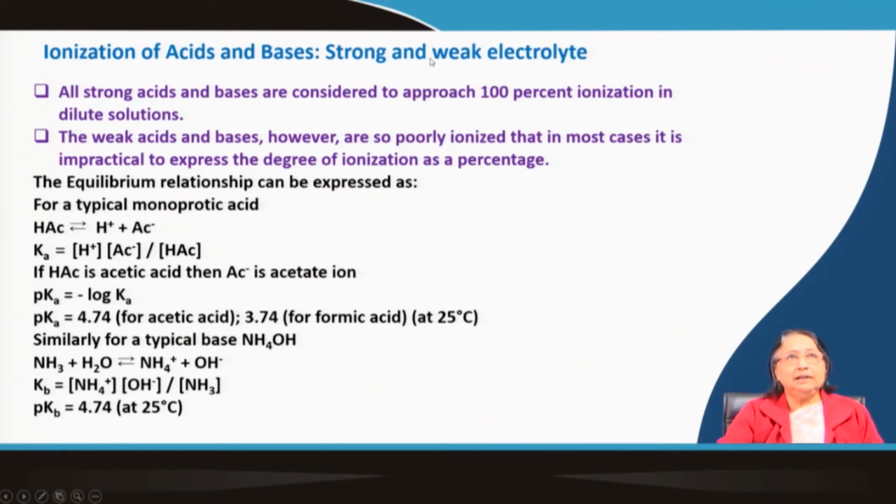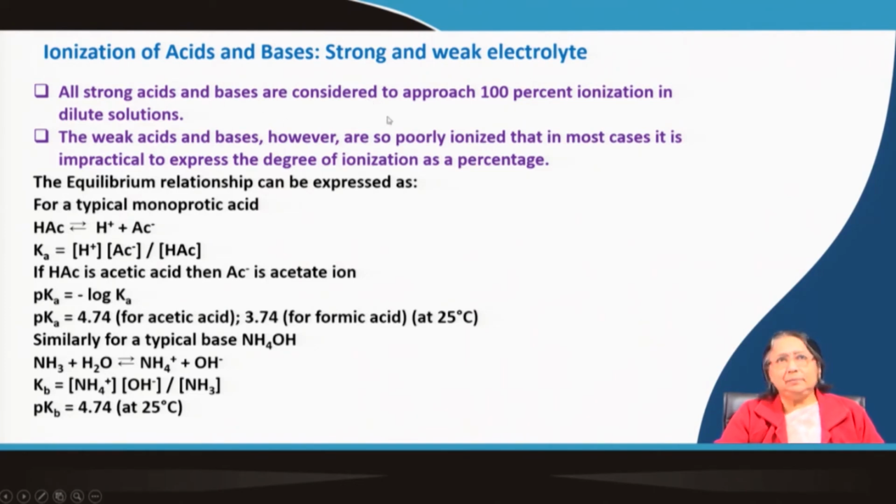This is not only true for acids, but for bases also. There are some strong acids and some weak acids. Those which are strong are called strong electrolytes, and those which are weak are called weak electrolytes. Depending on the degree of dissociation, the acidity will come differently in the solution.